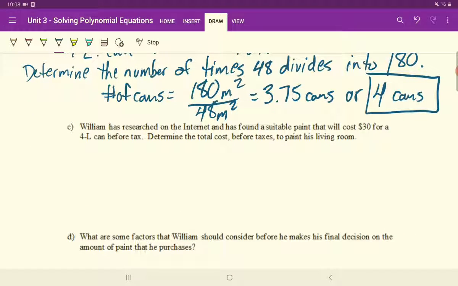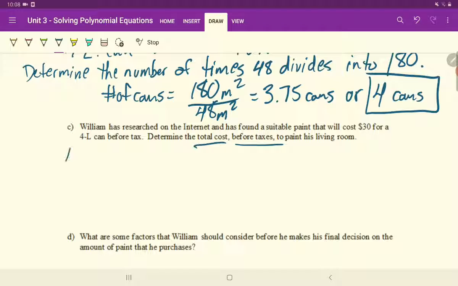Next question. William has researched on the internet and has found a suitable paint that will cost $30 for a 4-liter can before tax. Determine the total cost before taxes to paint his living room. Pretty straightforward.